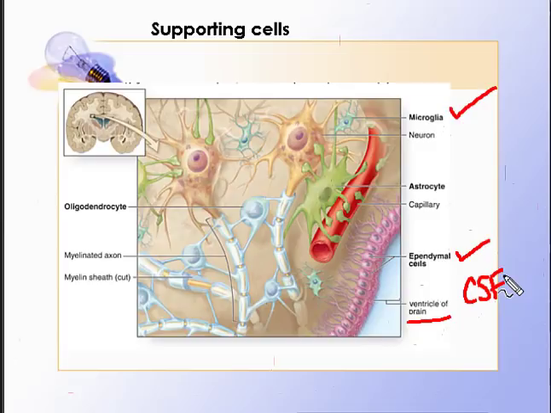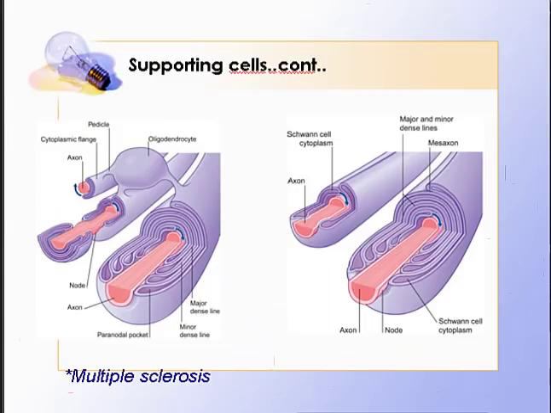Now, in the peripheral nervous system, all of these cells which we saw here were present in the central nervous system. In the peripheral nervous system, we have a cell known as the Schwann cell. And here it is. The Schwann cell is the counterpart of the oligodendrocyte. The function of the Schwann cell is to lay down myelin, but this is laid down in the peripheral nervous system.